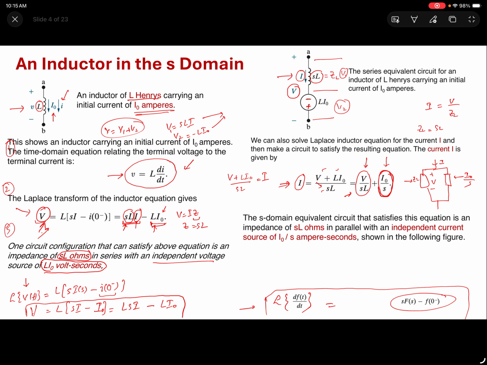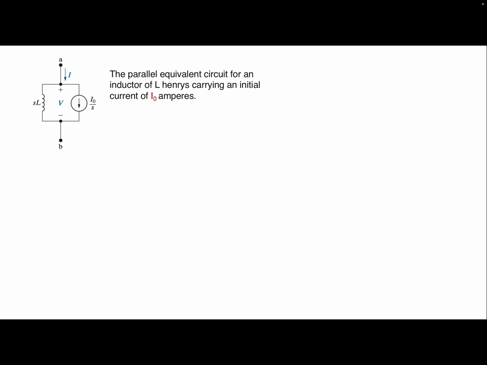This is what I just said. The S domain circuit satisfies this equation with an impedance of SL ohms, which is connected in parallel with the independent current source of I naught over S ampere-seconds, which was this. The circuit is going to look something like this as I have drawn. So this was your total current.